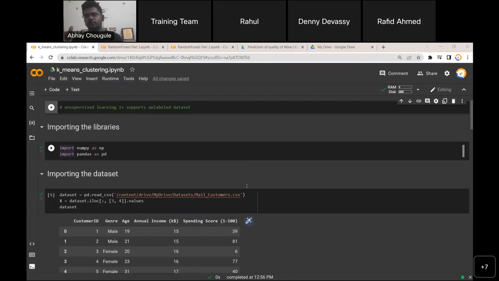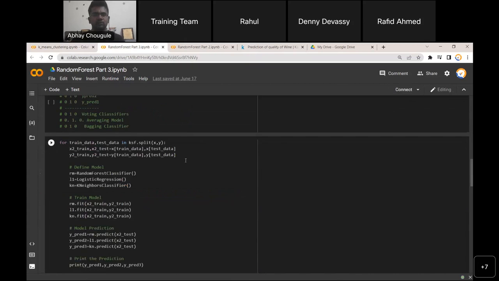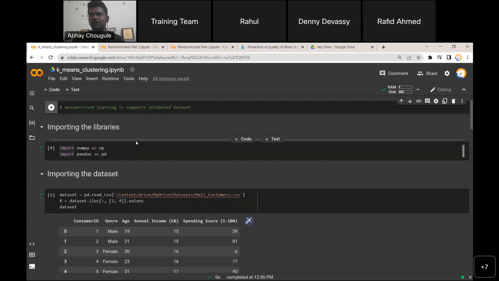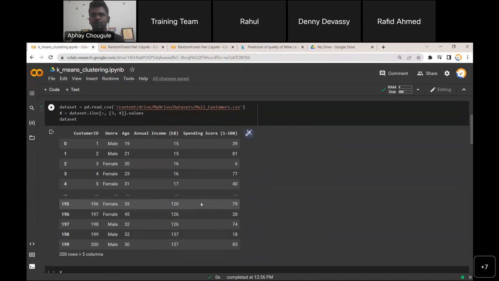Unsupervised means an unlabeled data set. In the data set we saw previously, there were observation points and an outcome, true or false, which is classification or regression. But in unsupervised learning, you will not get that; on the basis of your observation values, you have to find out which categories they belong to.